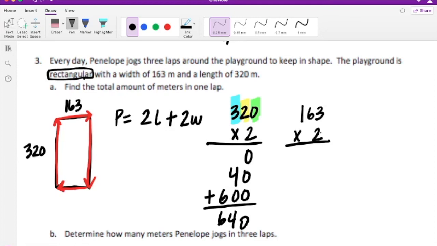Now let's do the widths. We got 3 times 2, that's 6. 60 times 2, that's 120. And 100 times 2, that's 200.